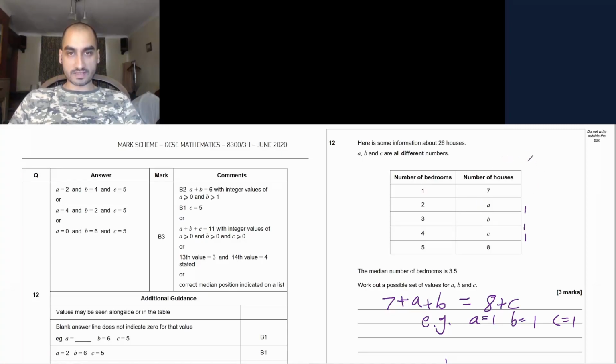Two, 3, 4, 5, 6, 7, 8, 9. So the 9th, if you order all the houses, there's my mistake. I read it too quickly. The numbers have to sum to 26. That is a further restriction on what A, B, and C can be.